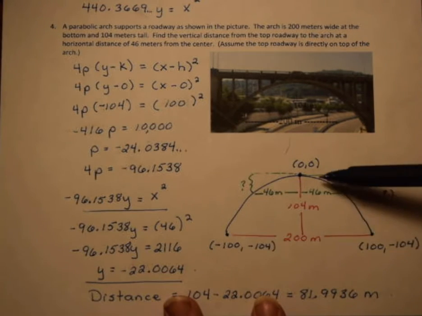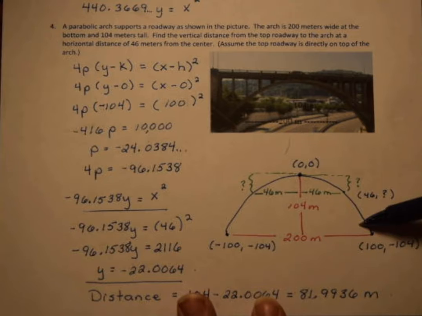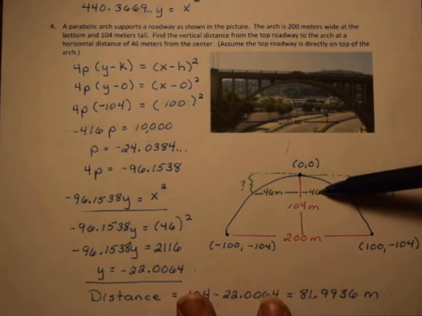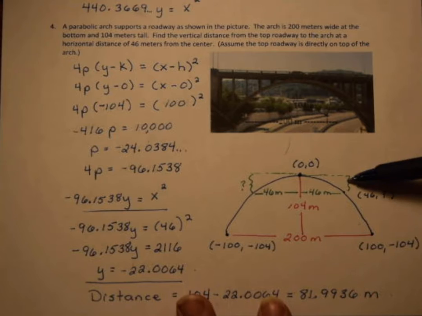So what it's asking here is we have this arch. If we look at this center line and we want to go 46 meters off of the center line, it wants to know how far it is to the roadway. So what is this vertical distance here?